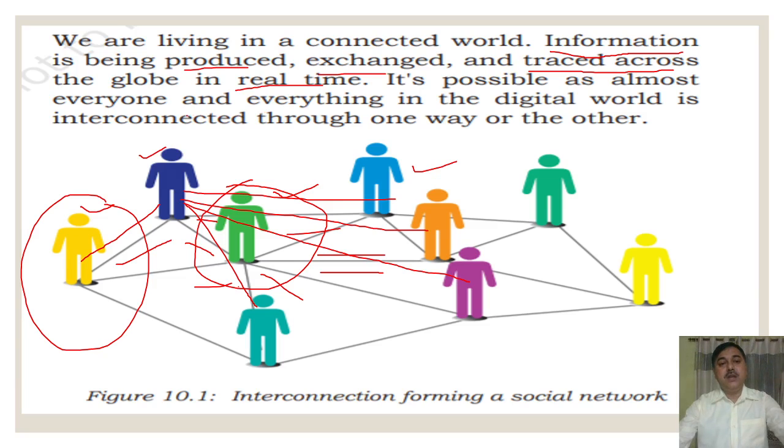We can do this everywhere in the digital world, in the digital world interconnecting system. This is the way we make it and send information from one place to another.